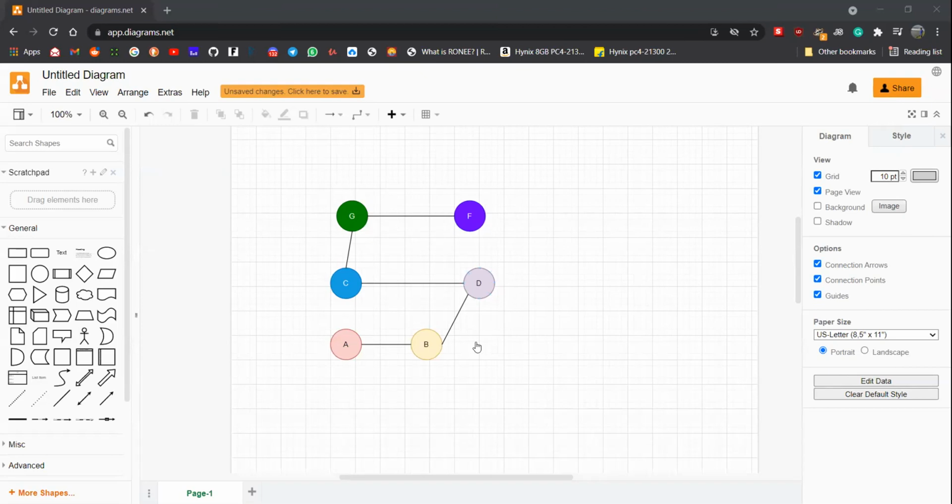How come the B can be connected to D? According to Prim's algorithm, I don't think that it can be connected to B, D. Sir, the weight of B is less than the weight between A, B, no, sir.